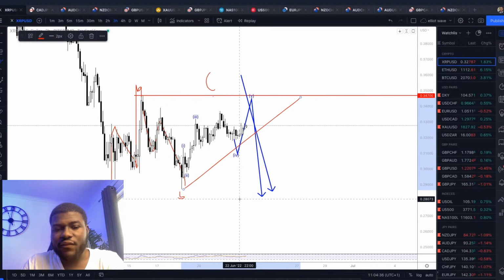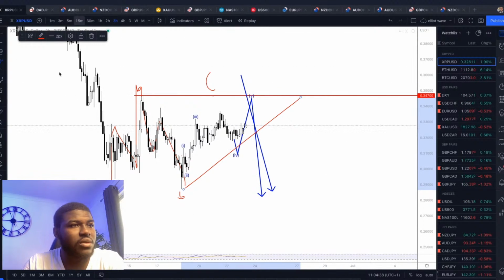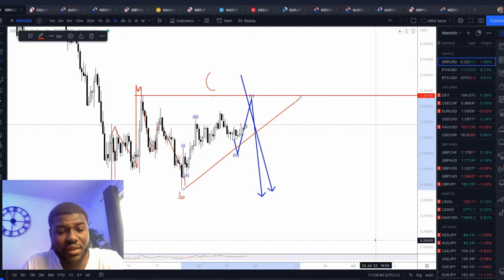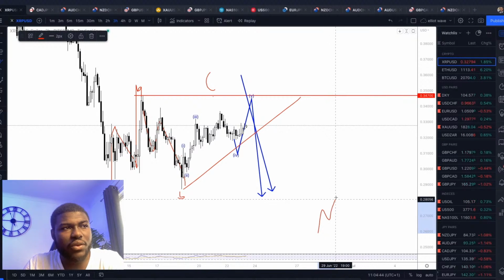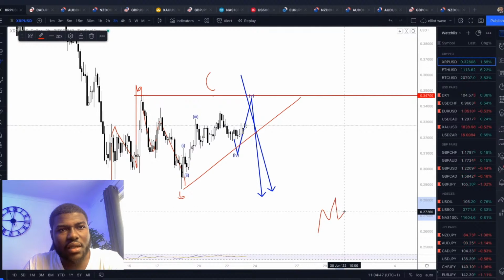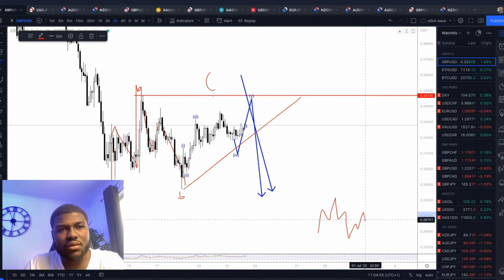I drew the flat pattern structure, how it used to be. It used to be in form of 3, and there will be another 3 swing to the downside. Then we are going to see a 5 wave moving upward, and that 5 wave must get to the minimum of this high.